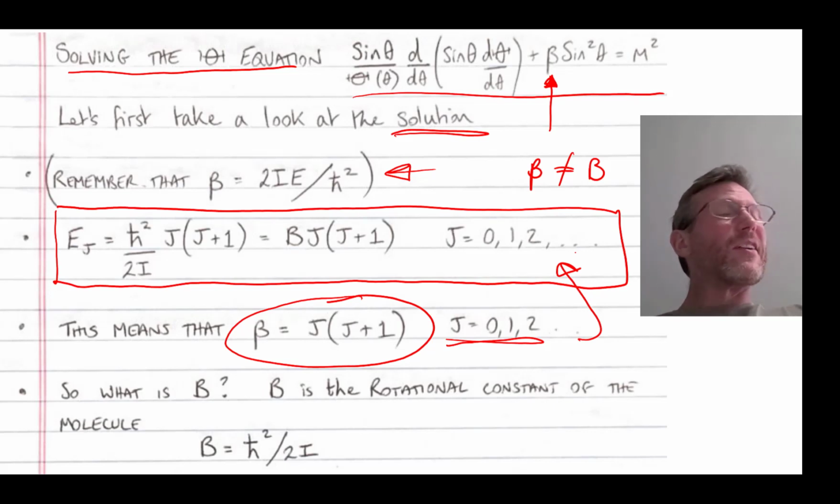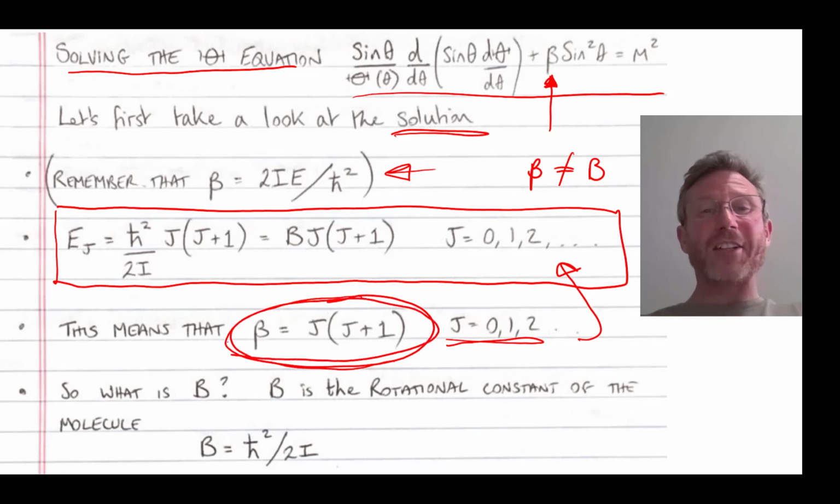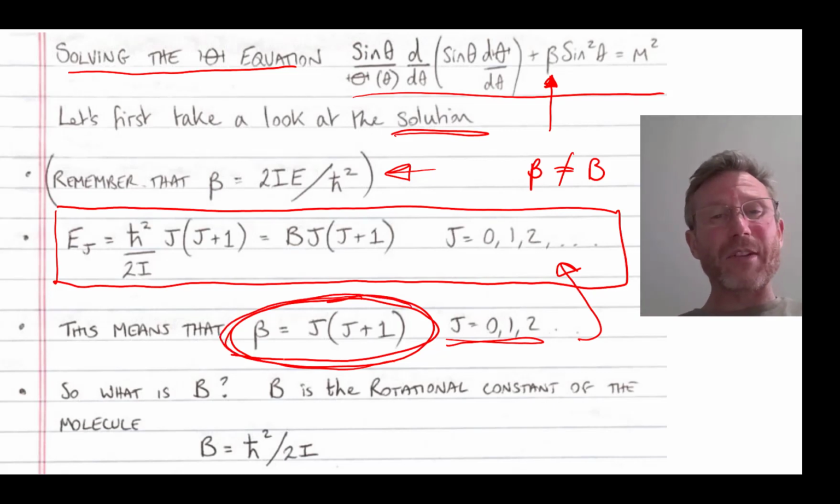At this point in the textbook, we're asked to accept that this beta solution, beta being equal to J times J plus 1, naturally falls out of the mathematics. And as I mentioned before, it's this result that drives my earlier expression in the box.